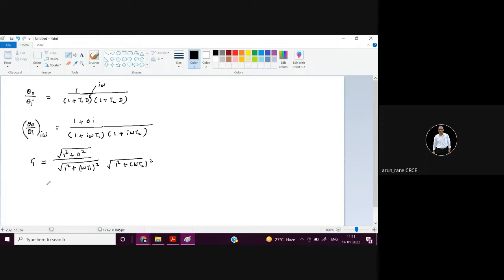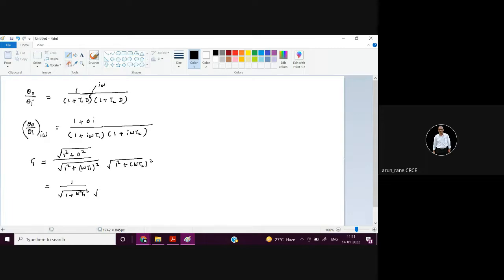So now this can be written as G is equal to 1 upon under root of 1 plus omega square T1 square, and here also.